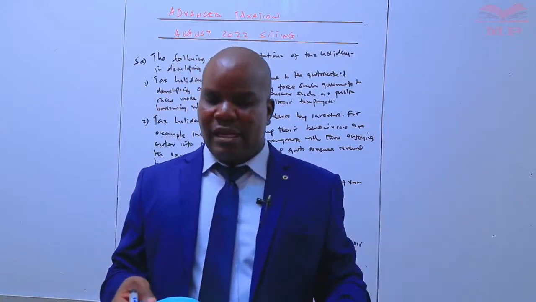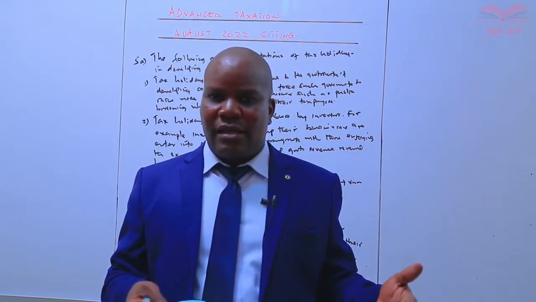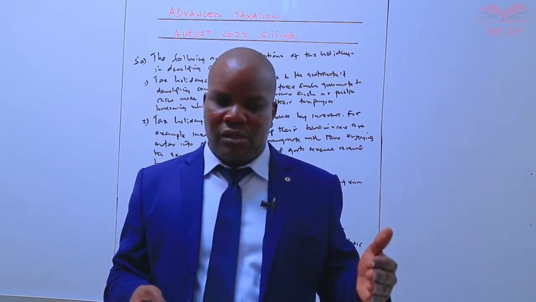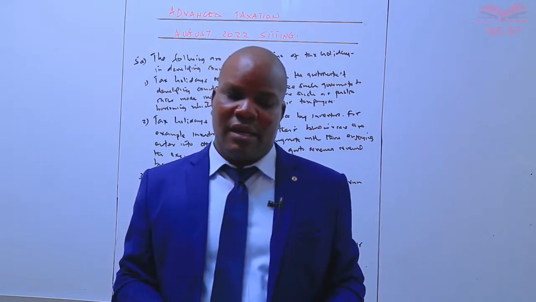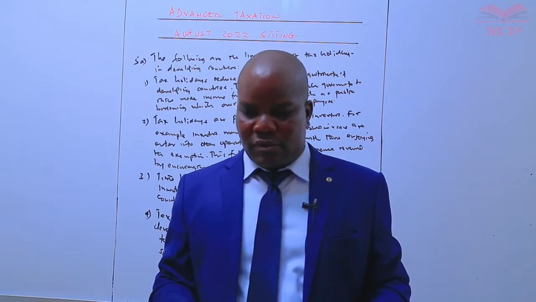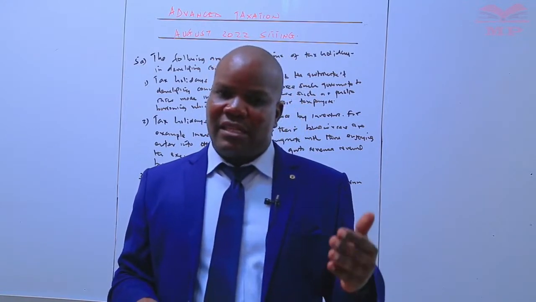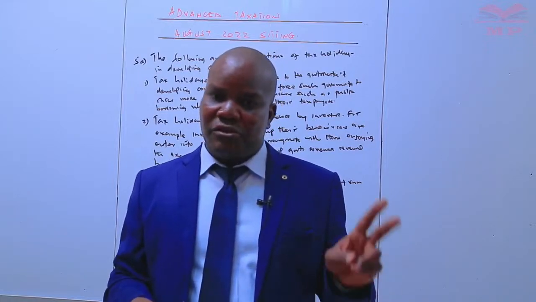Now, the non-achievement of tax collection targets, like say KRA in Kenya for the financial year 2022-2023, targets to raise maybe 2 trillion shillings in terms of tax revenue. Now, the achievement or the non-achievement of that will depend majorly on 2 factors.